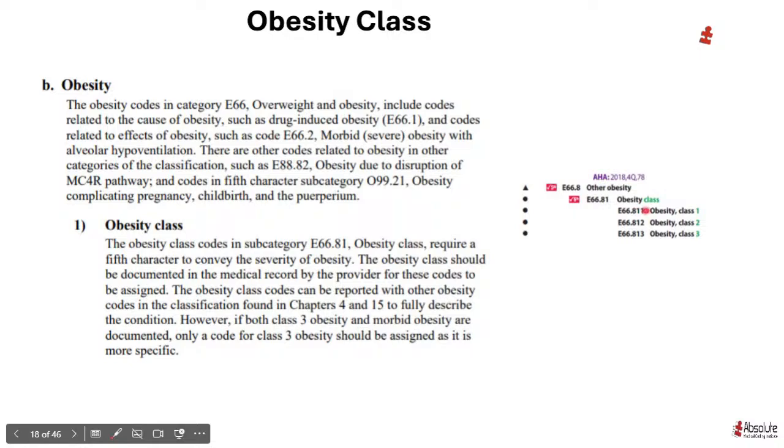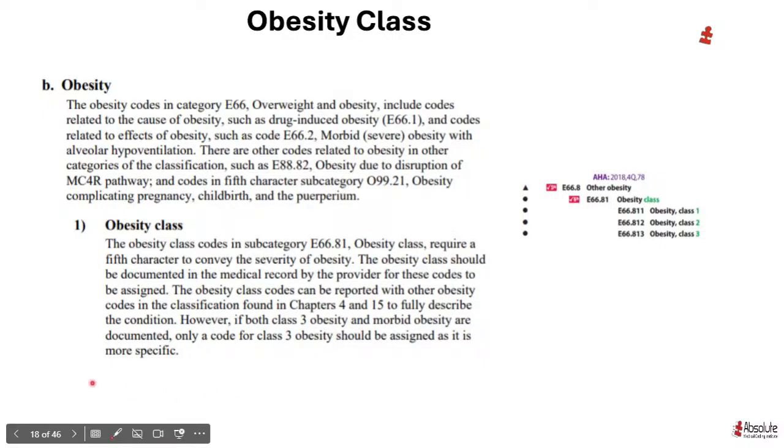One, two, three. That looks like 6 characters to me. But it requires a fifth character, right here, to convey the severity of the obesity. So these obesity class codes say how severe the obesity is, but that severity must be documented by the provider. If it's not documented, then you cannot code it.